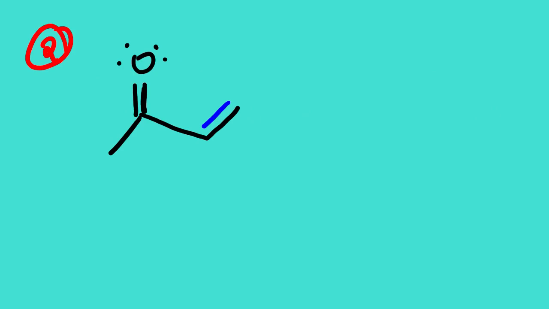So this will move this direction, and then this pi bond will also move this direction. Then we are going to have, actually let us take it step by step.